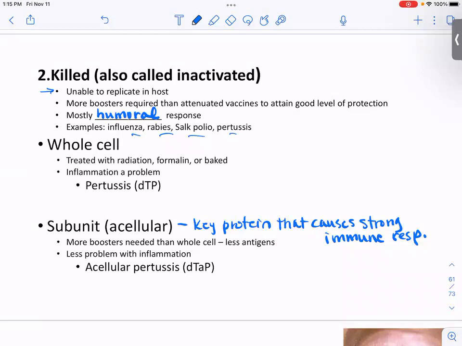One drawback with using the whole cell has come up with the pertussis vaccine. We give pertussis in combination with diphtheria and tetanus. So DTP stands for diphtheria, tetanus, and the P was whole cell pertussis. The problem was that the organism that causes pertussis, Bordetella pertussis, is a gram-negative organism.